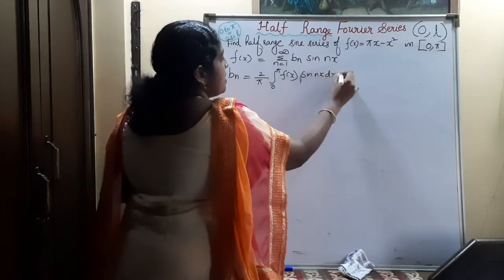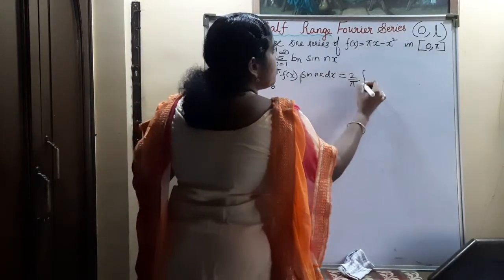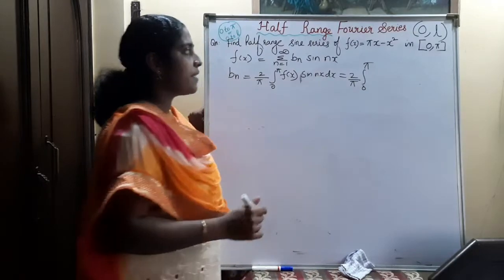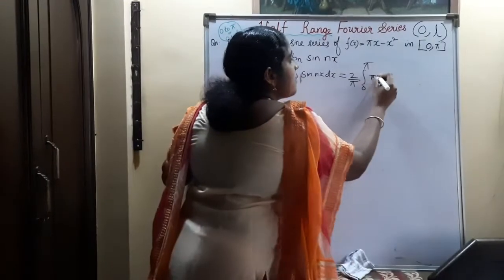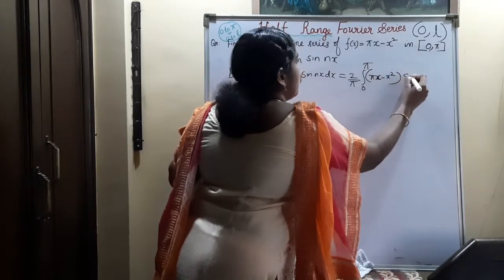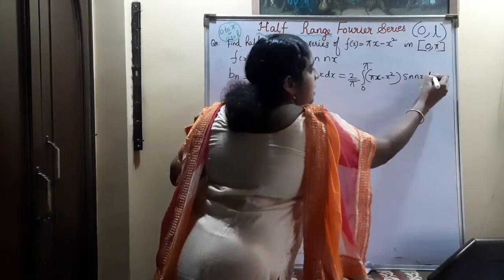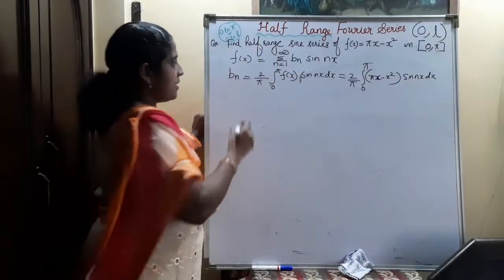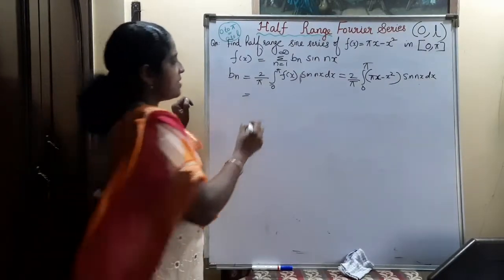Okay, so that is 2 by pi integral 0 to pi. What is f of x? Given function is pi x minus x square sine nx dx. Okay, so we can integrate in the tabular way.